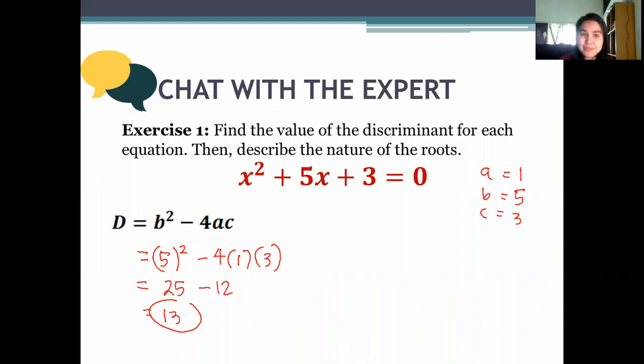How do you describe the roots? It's positive, so it's real. It's not a perfect square. It's not 0, right? So they are not equal. It's not a perfect square, so it's irrational.